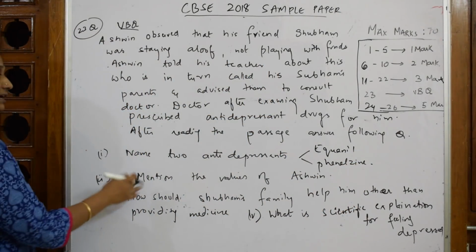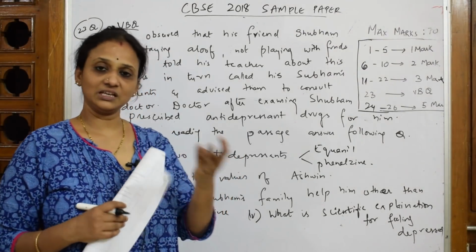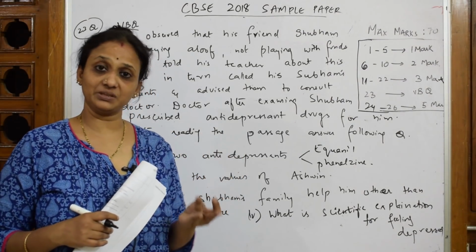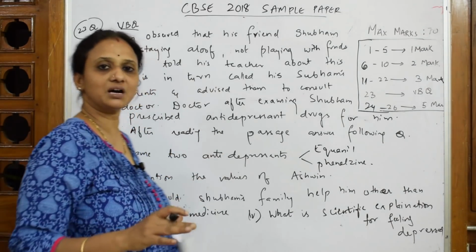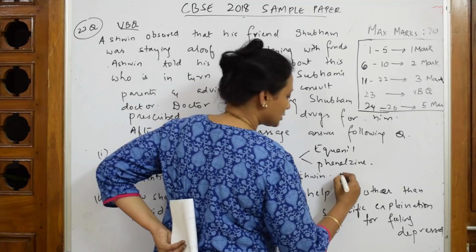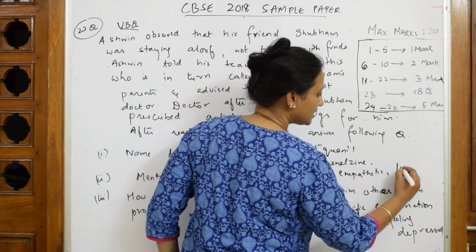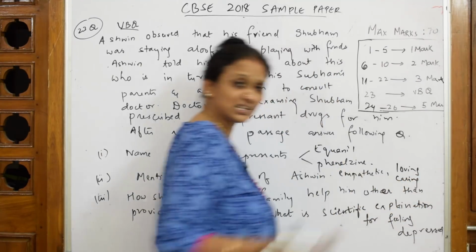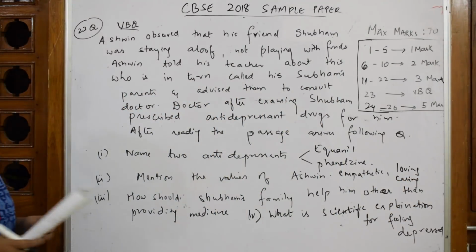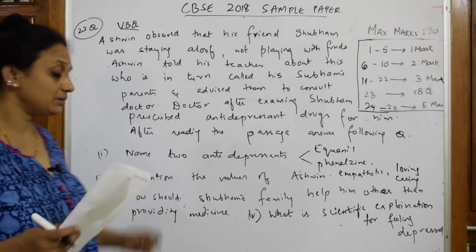Done. Mention the values of Ashwin. So basically, how is Ashwin? Keywords: he's understanding, he's empathetic, he's loving, he's caring. So use those words, you'll get 1 mark completely. Let me write what I should write. Empathetic means understanding. You can write he is loving, he is caring, understanding. Anything will do, but try to use those words. Now, how should Shubham's family help other than providing medicine?